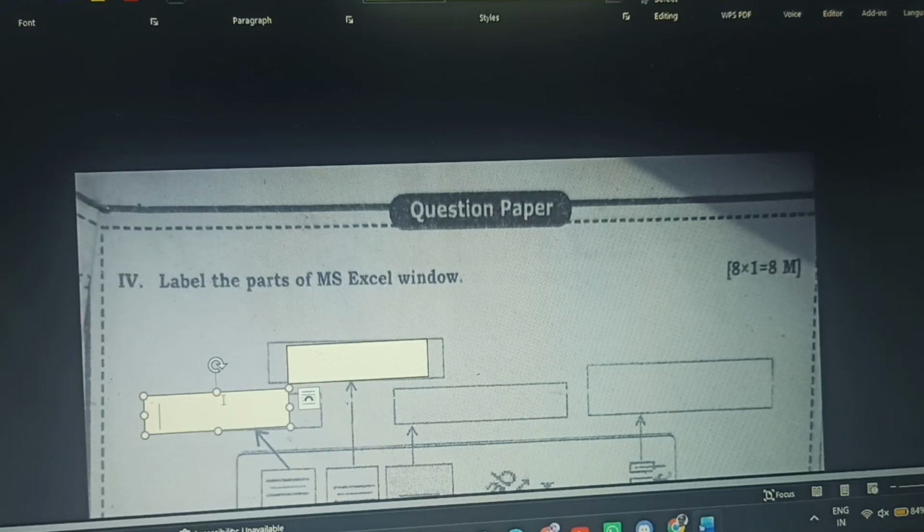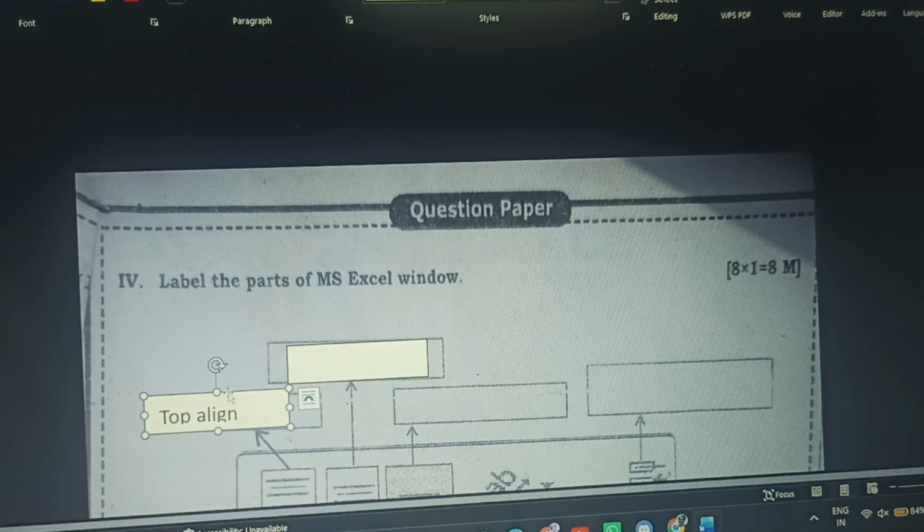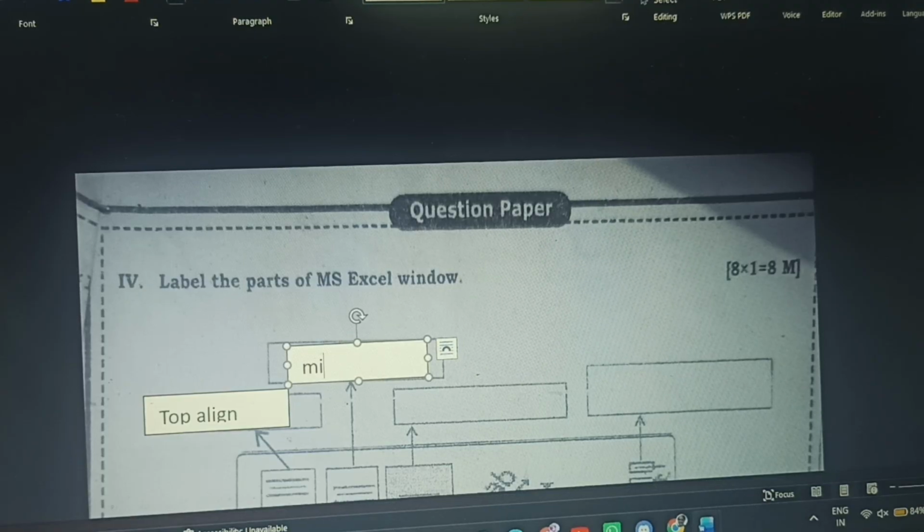Write your first answer: top align. Top align. Second one, middle align.